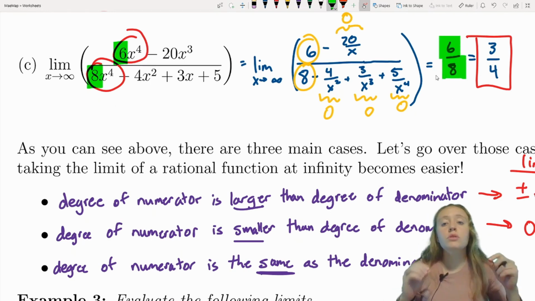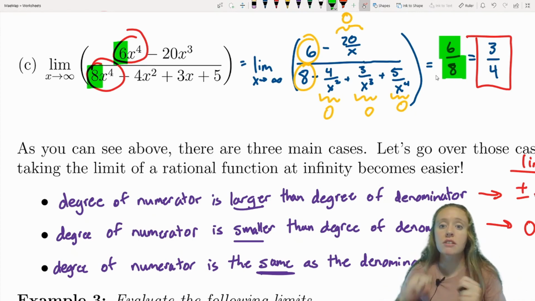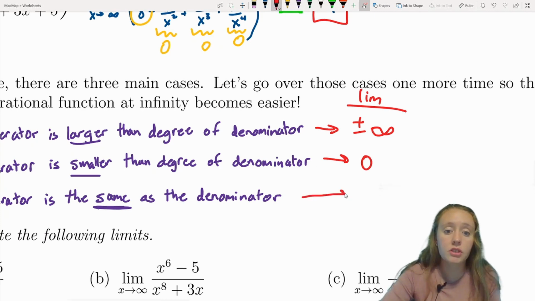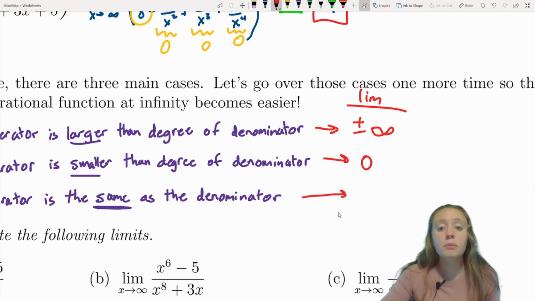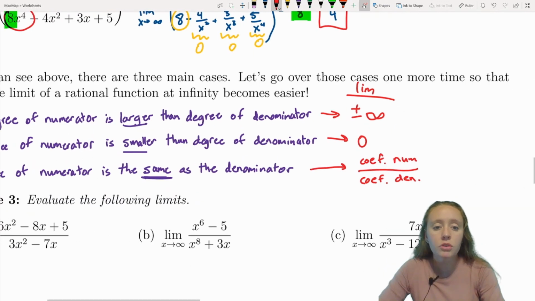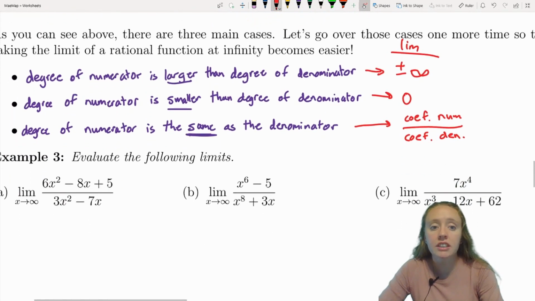So when those degrees are the same, we take the coefficients: the limit is going to be the coefficient of the numerator's largest degree over the coefficient of the denominator's largest degree. So knowing this helpful hint, example 3 is going to be so much easier to do.